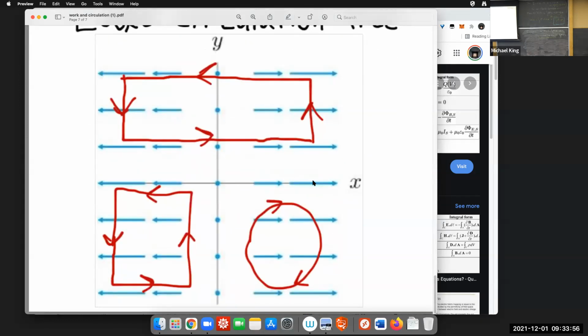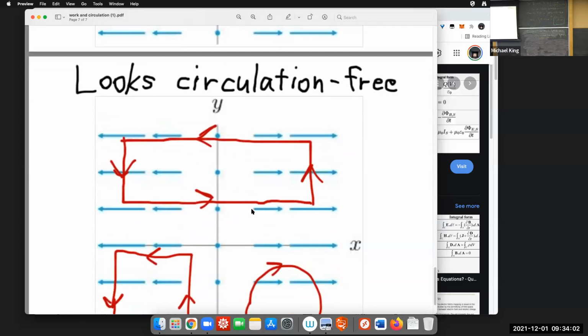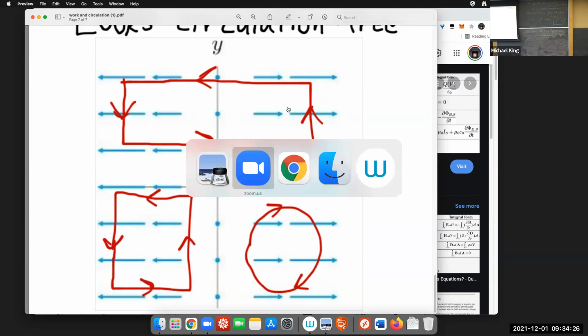So that's an interesting qualitative way to look at these things. Your line integral is positive if the path is going more with the vector field than against, and negative if it's going more against the vector field than with. And it's 0 if they cancel out, or if you're going perpendicular to the vectors all the time, or something like that.